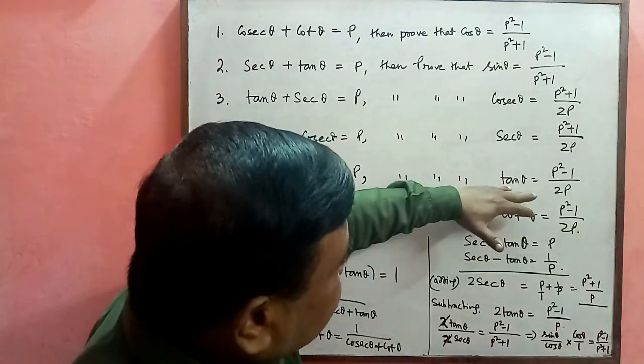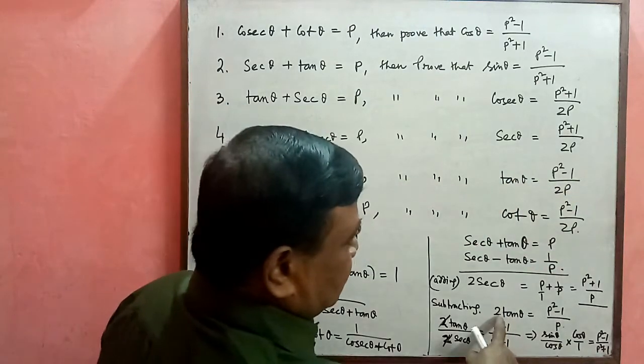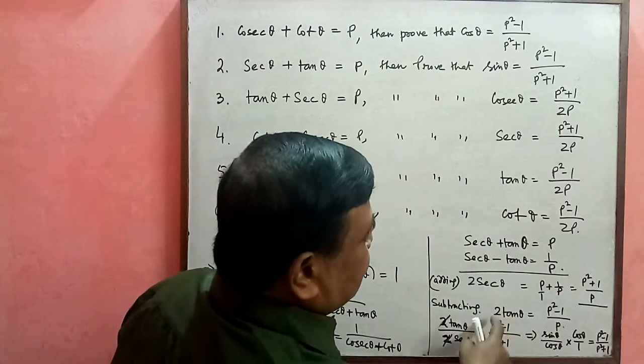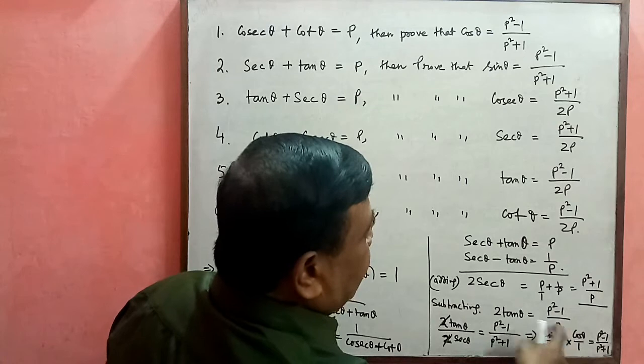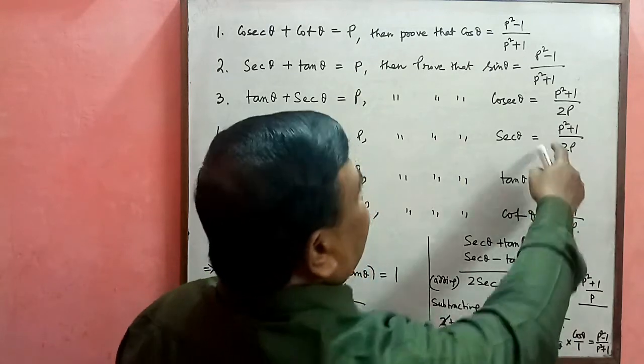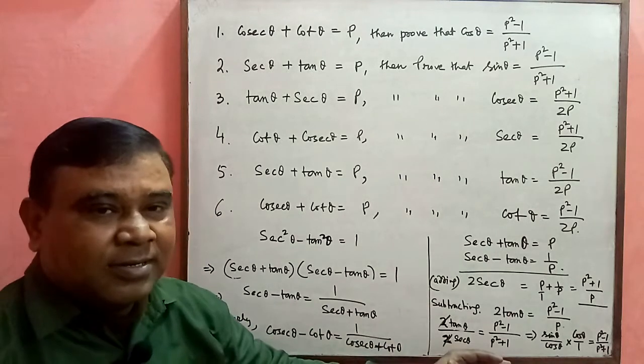But if it is tan theta, this is p square minus 1 upon 2p. Like here, after subtracting this one, we are getting 2 tan theta is equal to p square minus 1 upon p. And this 2 will come here. So we will reach here. That means we can solve these 4 problems with the same method.